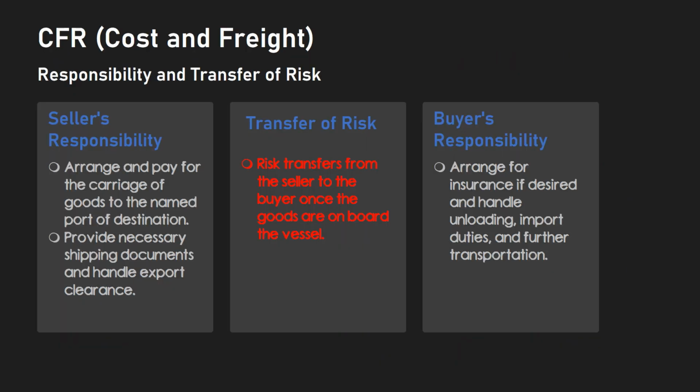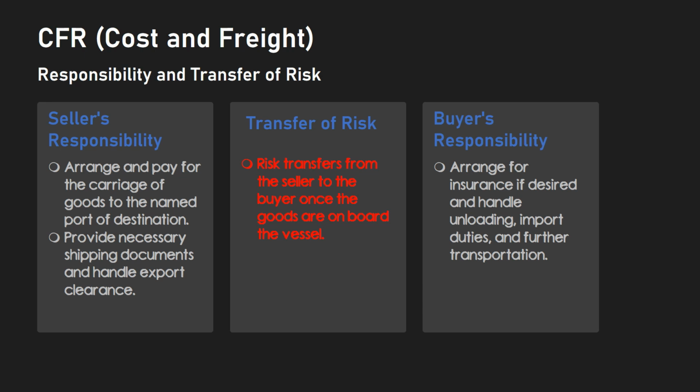Now, let's move on to the Group C terms of Incoterms 2020 for maritime trade, starting with CFR. In all Group C terms, including CFR, there is a distinction between when responsibilities and when risk transfer between the seller and the buyer. Under CFR, the seller's responsibility is to arrange and pay for the transportation of goods to the named port of destination, provide the necessary shipping documents, and handle export clearance.